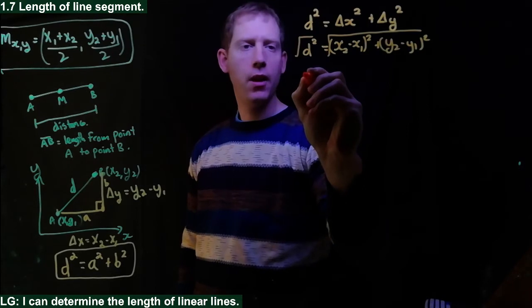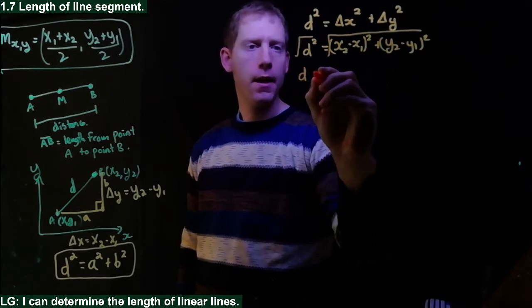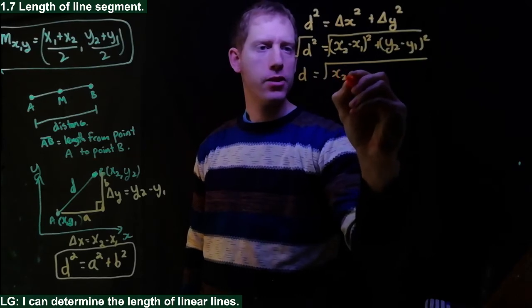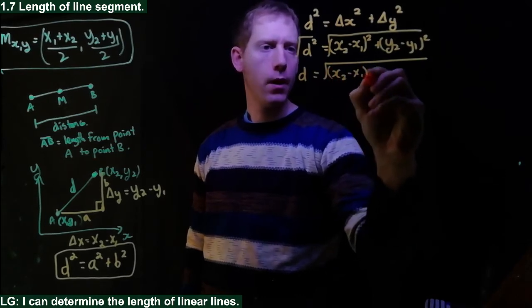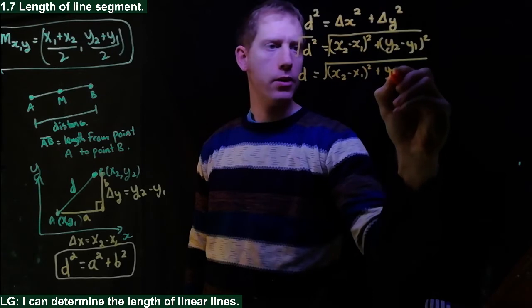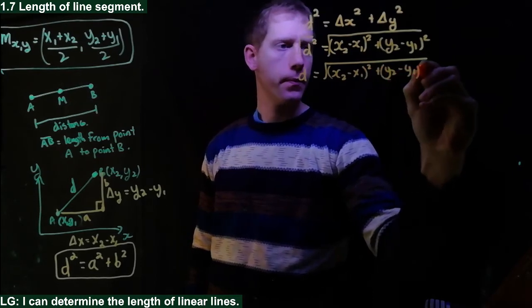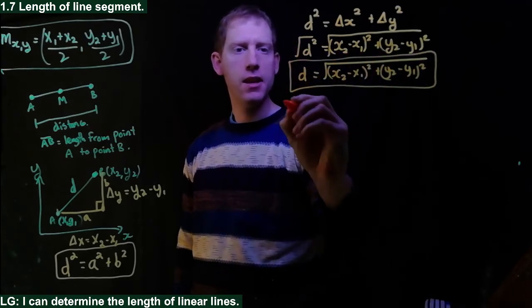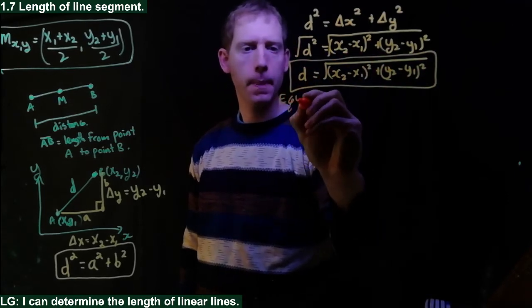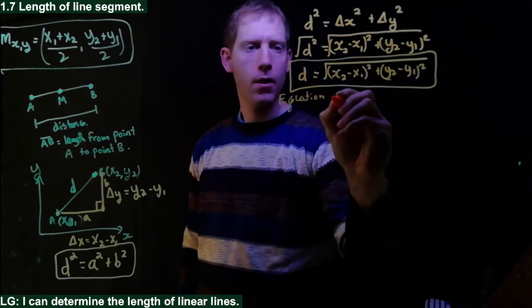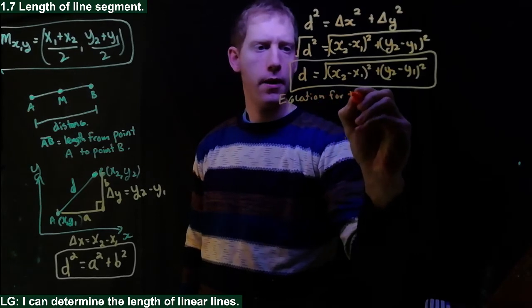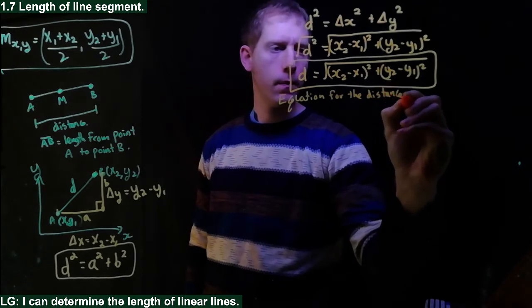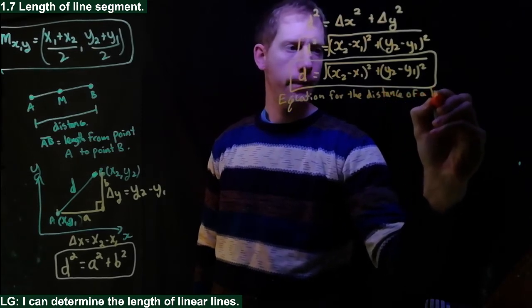So the distance of a line segment is equal to the square root of x2 minus x1 squared plus y2 minus y1 squared. I want you to put a box, and this is the equation for the distance of a line.